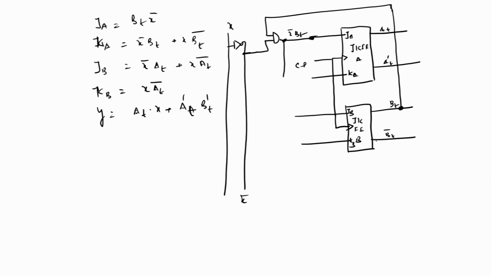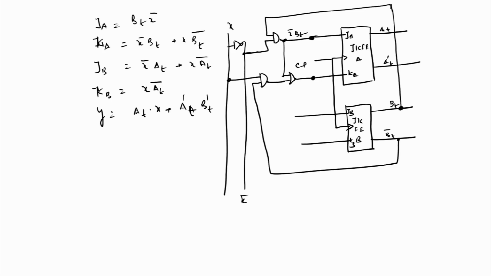BT complement is taken from here, X is taken from here, and these two are combined by using an XOR gate, and this is supplied to input K.